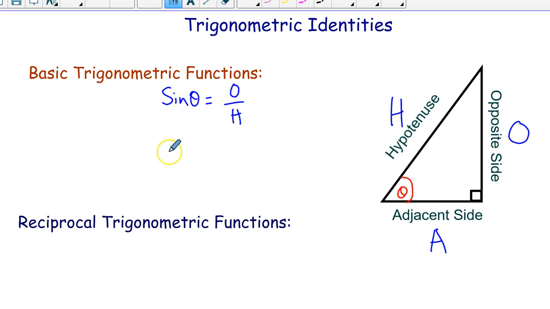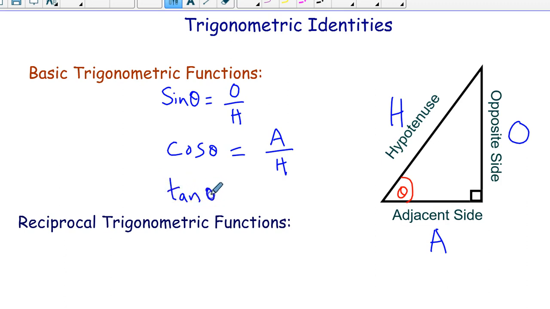Now the second one we have is cosine. Cosine theta is the adjacent side over hypotenuse, so I just have A over H. And the third one is the tangent. In short, we write it as tan.